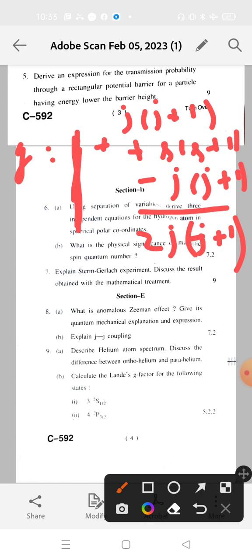J is the total angular momentum quantum number, S is the spin quantum number, and L is the orbital quantum number.